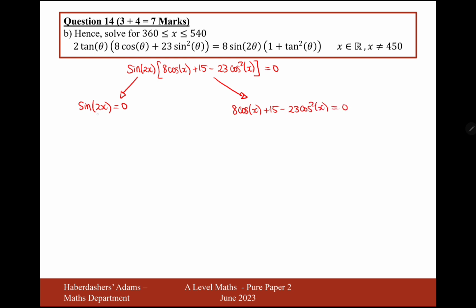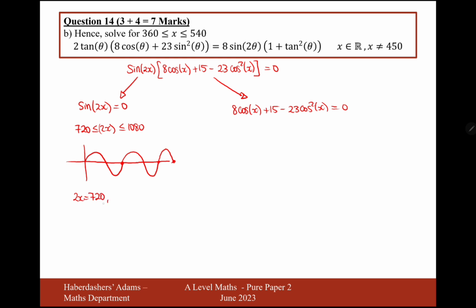So first of all, we need to think about when our sine graph is equal to 0, and because our range has doubled here, it's now between 720 to 1080. Okay, so let's now visualize our graph in that region. So we've got sine graph up to 360, sine graph up to 720, so 2x equals 720.